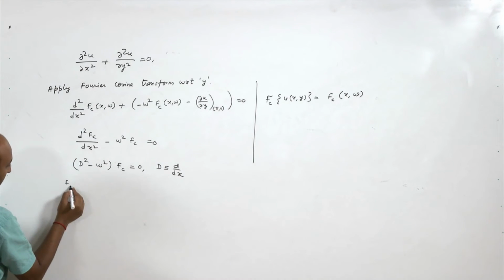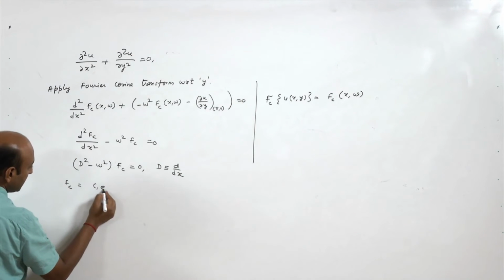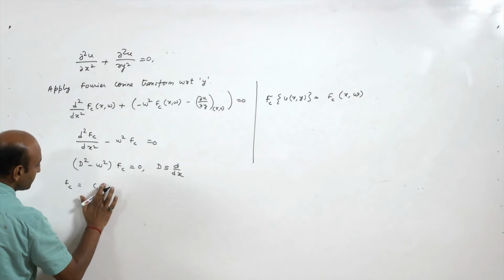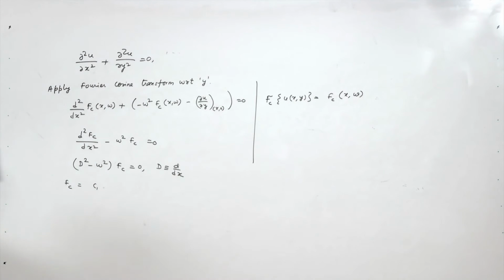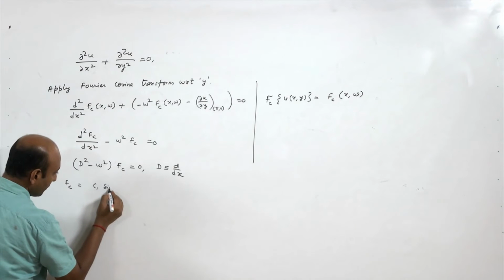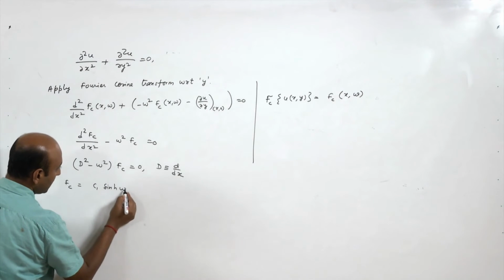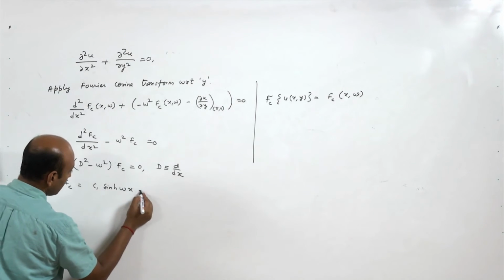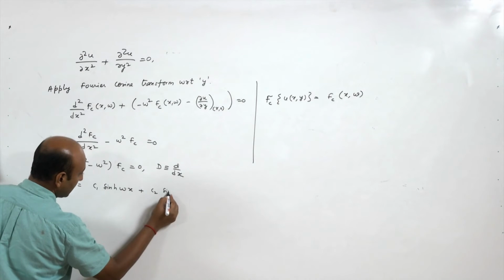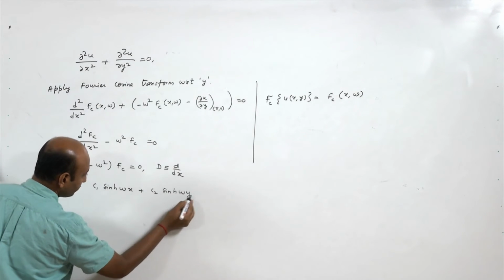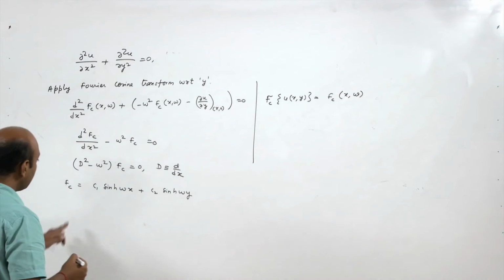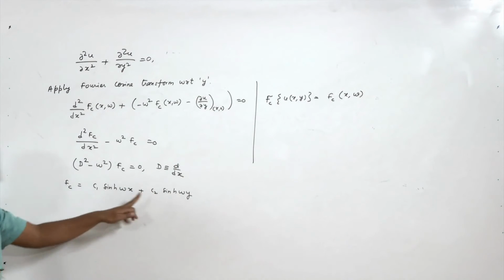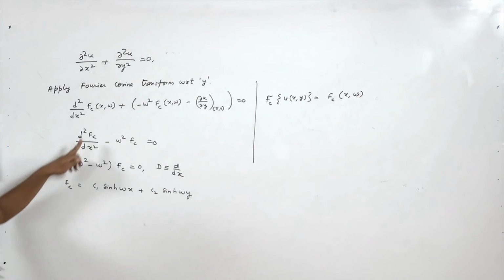So, fc will be c1 e to the power omega x, or you can break it in terms of hyperbolic functions: c1 sinh omega x plus c2 cosh omega x, where again c1 and c2 are arbitrary functions and fc is a function of x and omega.